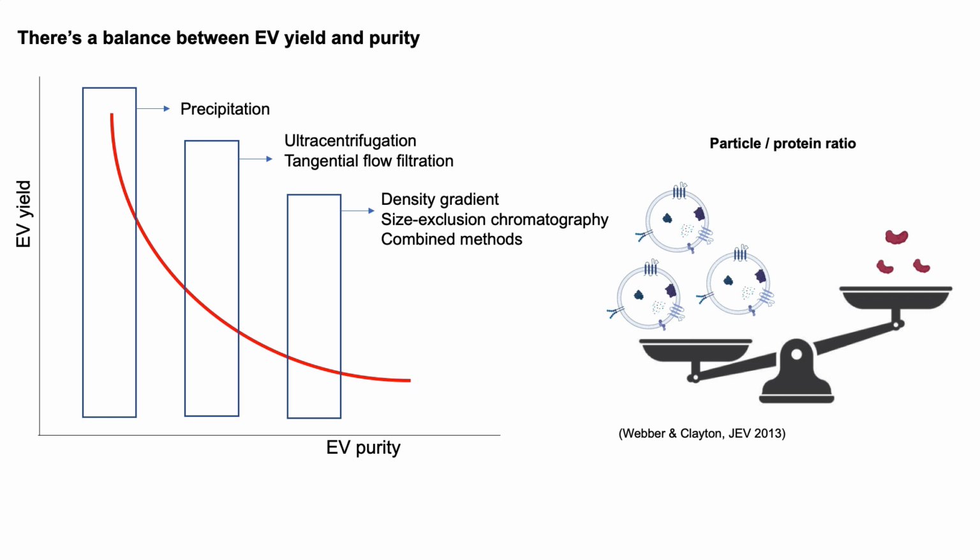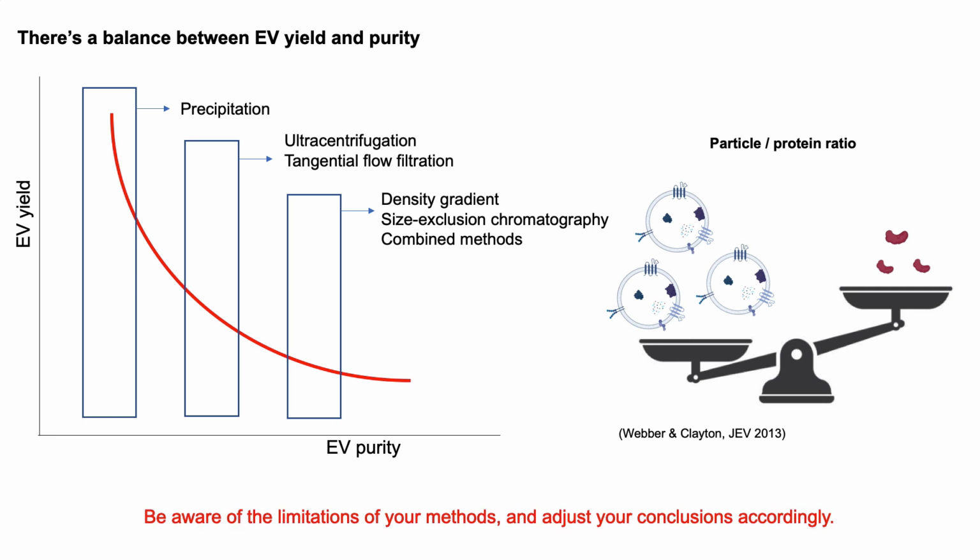And if you're interested, this is fairly easy to measure and could be important to report as well in your papers. But of course, whatever experiment you do, you're always limited by the amount of sample that you can obtain. And yeah, you can use whatever method you like, but it's important to be aware of the limitations of your method and adjust your conclusions accordingly.